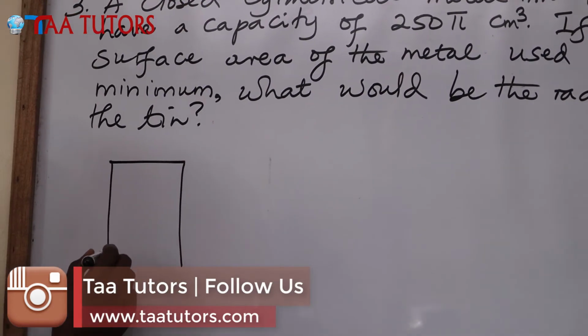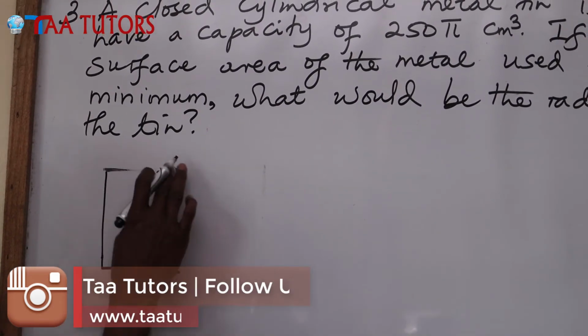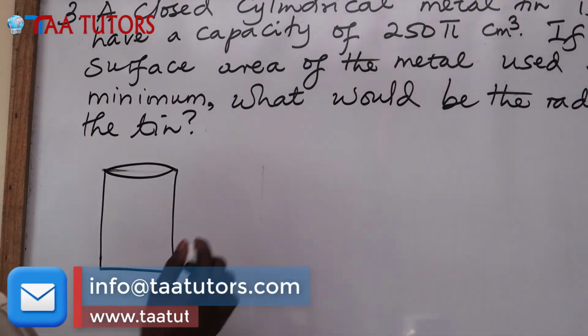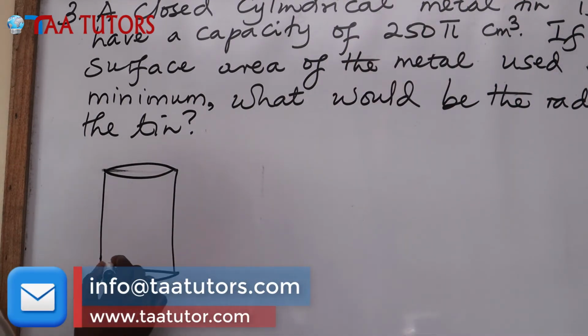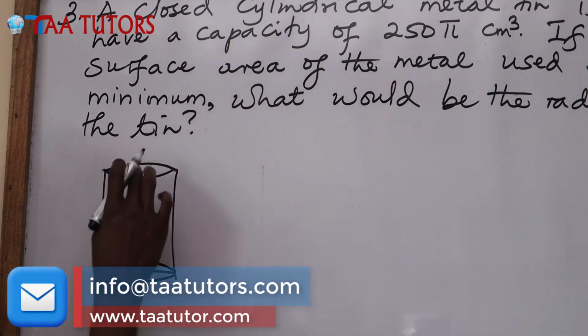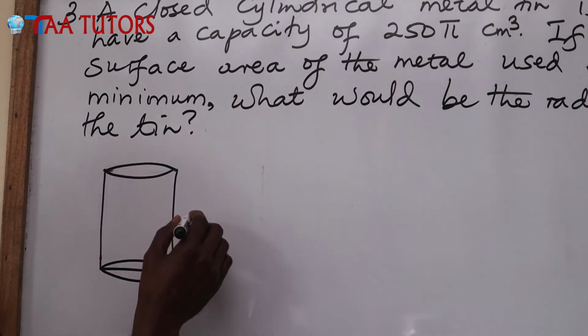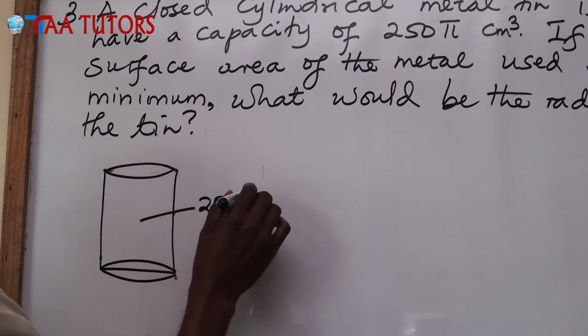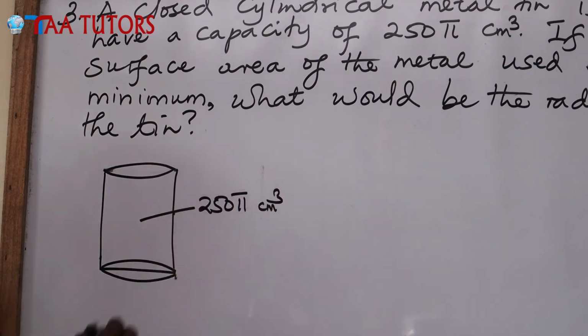In this case, the first function will be in terms of volume, because that's what we have here. This cylindrical container should carry a volume of 250 pi centimeters cubed.